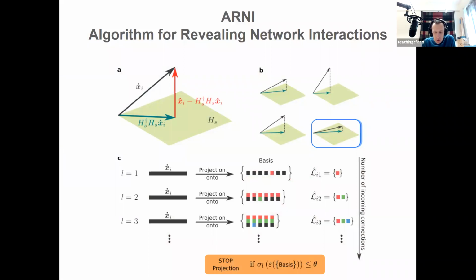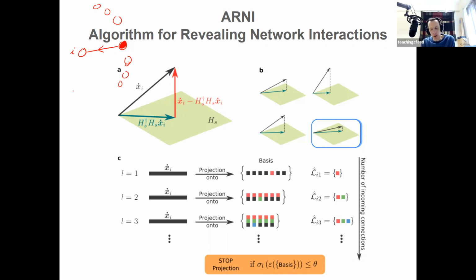So you have your equations, and the first thing you do is you assume that there's only one, so you have a node I, that's your node I, and there's only one node which is influencing node I, and this is the red one, out of all the other nodes in the network.